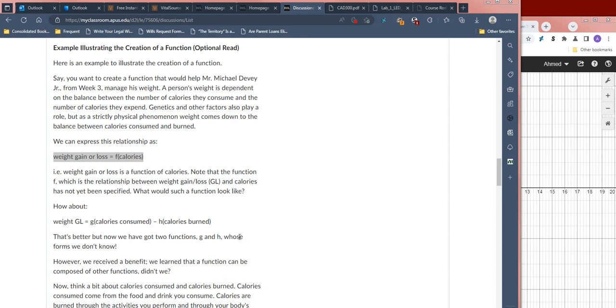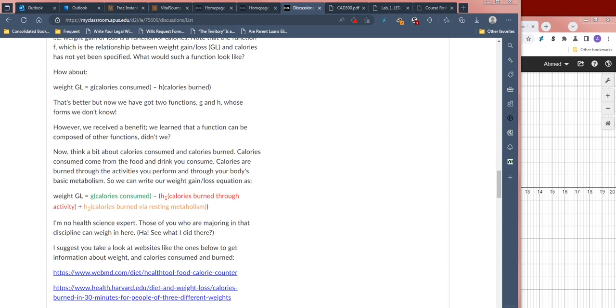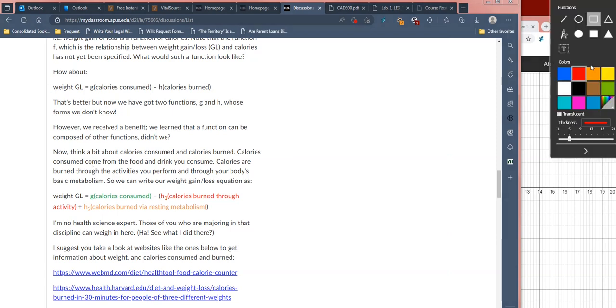And so that's what we also need to include. Actually, a significant number of calories are burned because of what is called the resting metabolic rate. Anyway, for the purpose of our discussion, we can say that, let me see if I can highlight this. Right here, that weight is a function of the number of calories consumed and the number of calories burnt.